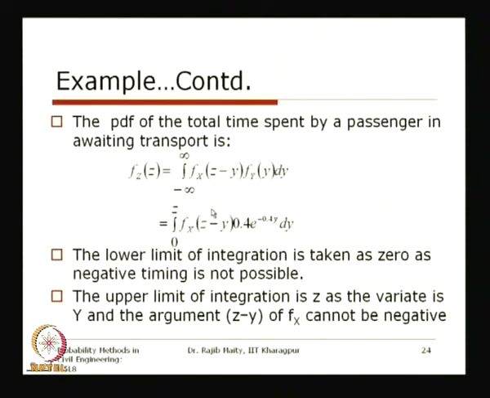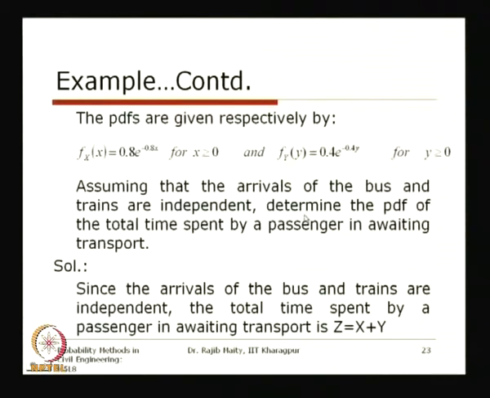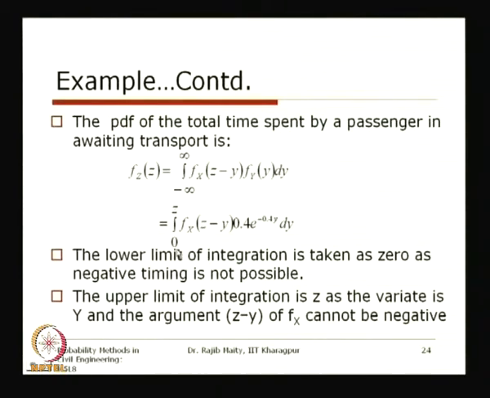So the possible range for y, the maximum upper limit that y can take, should be equal to z. This is what is shown as the integration limit between 0 to z.